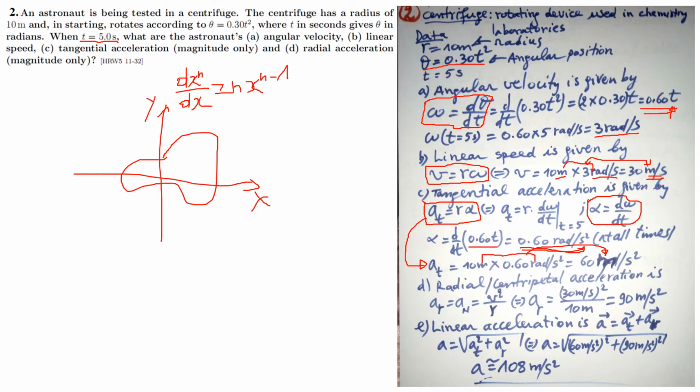Let us consider a point P of the rigid body. If this rigid body is allowed to rotate in a counterclockwise direction, this point P will take a circular trajectory and it will have a radius r.